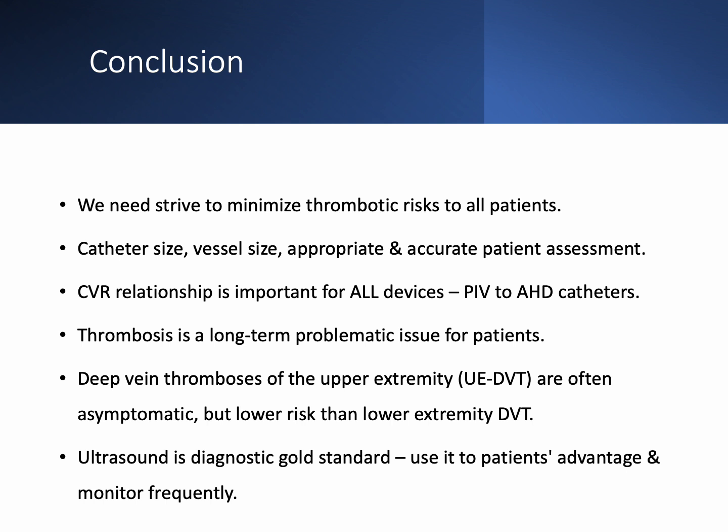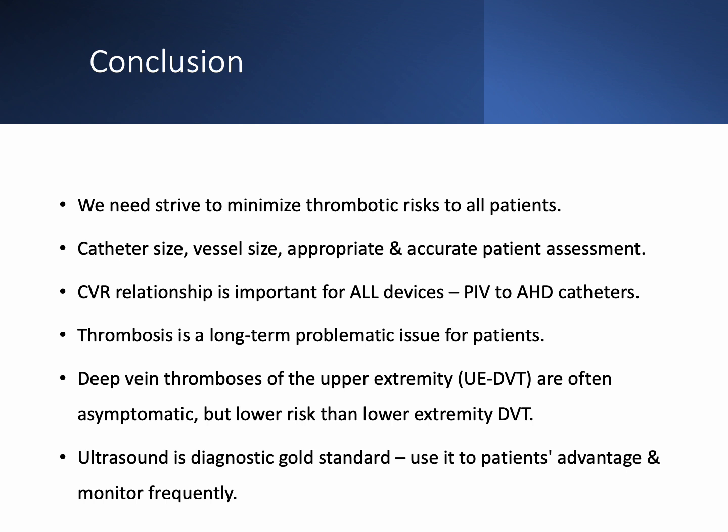Deep vein thrombosis in the upper extremity is often asymptomatic. However, there are increasing reports of systemic complications as well, but it is significantly lower risk than a lower extremity DVT, which has a higher risk of pulmonary embolism and atrial thrombus formation.